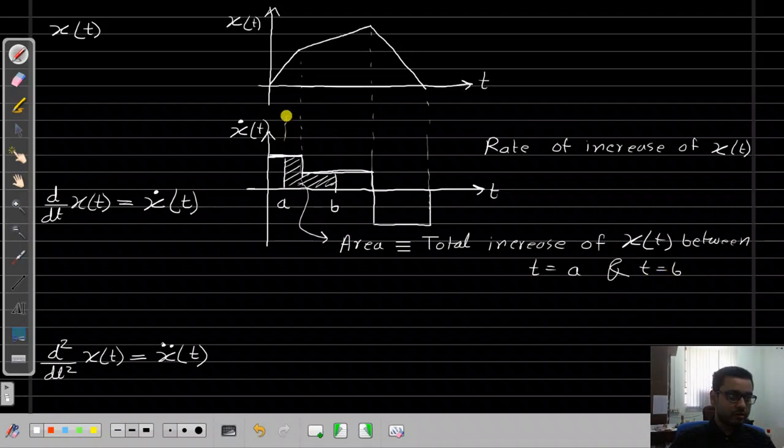So between these 2 points the total change is this much, and this height will be same as the area under this region.